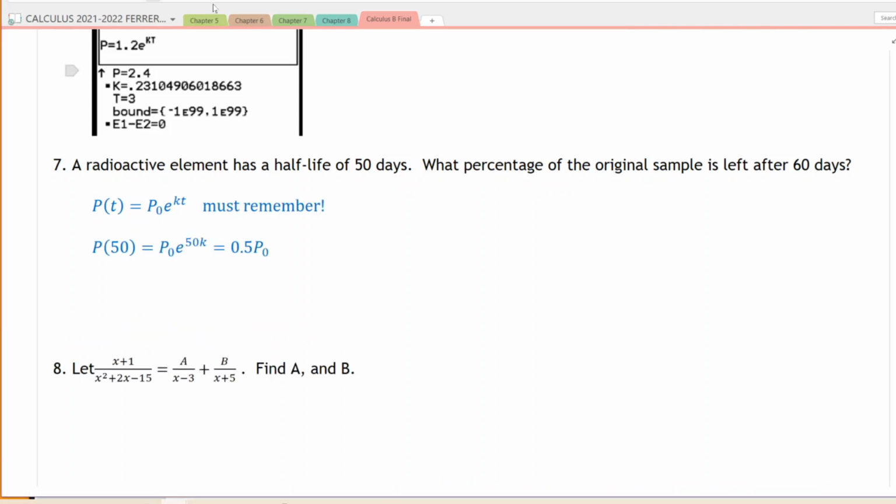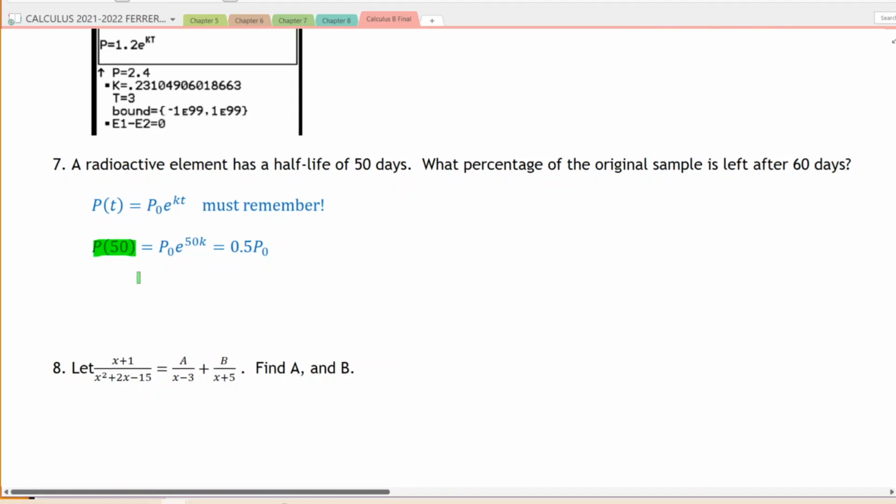So by definition of half-life, the amount of radioactive element at 50 days is going to be equal to P naught e to the 50k. We've substituted t with 50. And then since it's half-life, the amount that we're going to have is half of the initial amount, or 0.5 of P naught.